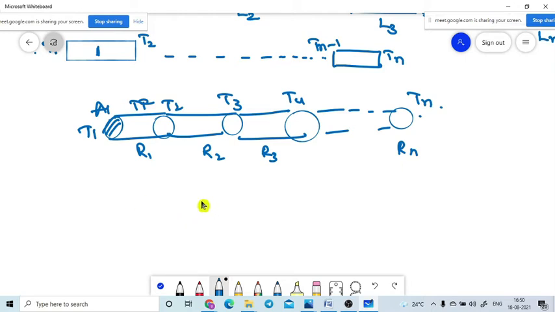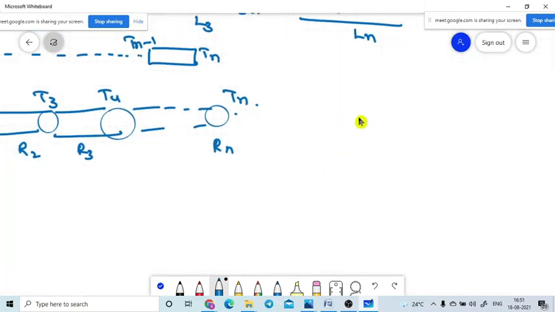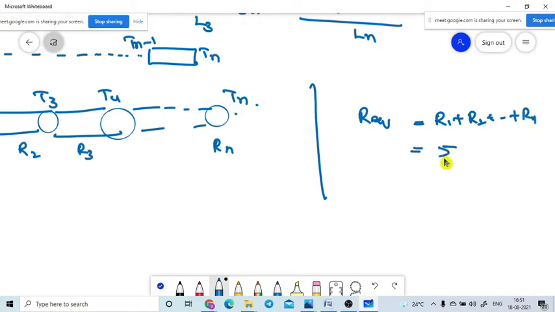In the electric current case, what is the equivalent resistance when they are connected in series? The sum of the resistances, that is called R equivalent, meaning R1 plus R2 plus and so on Rn. We can write it as the sigma of Ri, i from 1 to n.